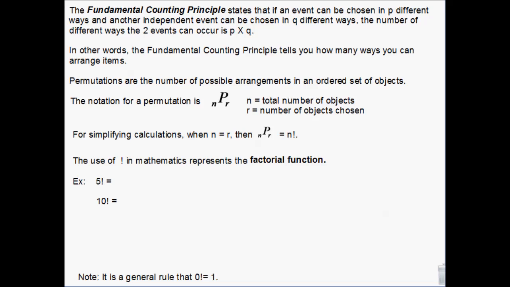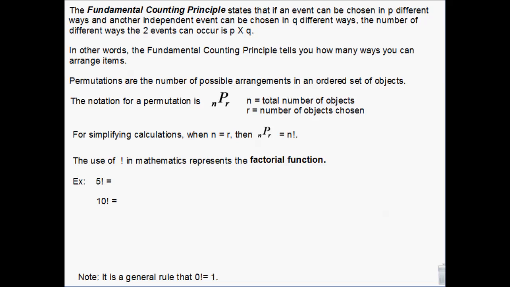is P times Q. So for P, I'm picking out what shorts I'm going to wear, and for Q, I'm picking out what socks I'm going to wear. They're independent, right? Because socks and shorts don't affect each other, unless I care about matching, which in this example, I'm going to say I don't.